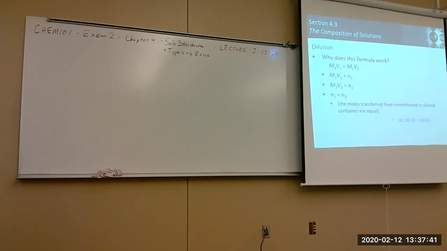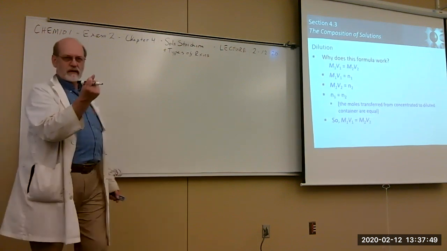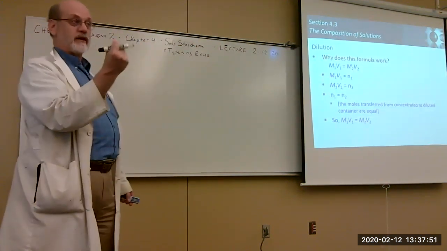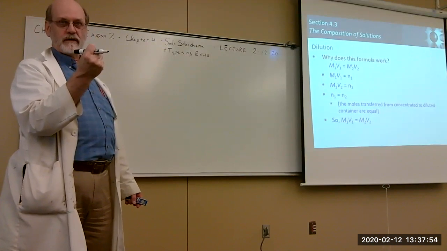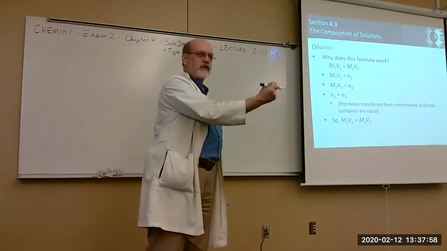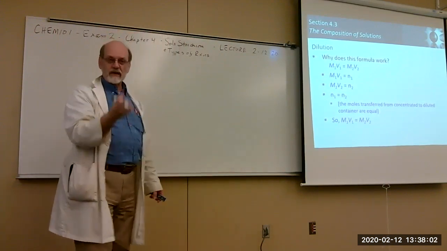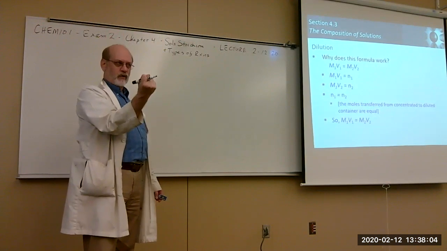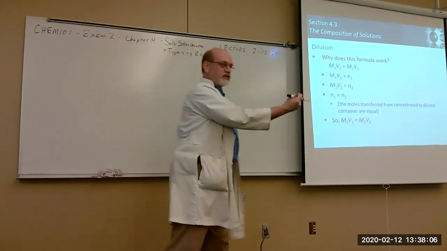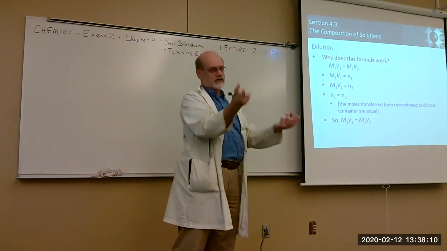Right. So just run that, and it shows you that when you pull out a certain volume of the concentrated one, you've got the volume, but you also have a fixed number of moles of the solute. Now, the moles of solute that you start with is the same moles that you end up with. So M1V1 equals n, number of moles, and M2V2 equals that same number of moles, because the number of moles that you took out doesn't change.